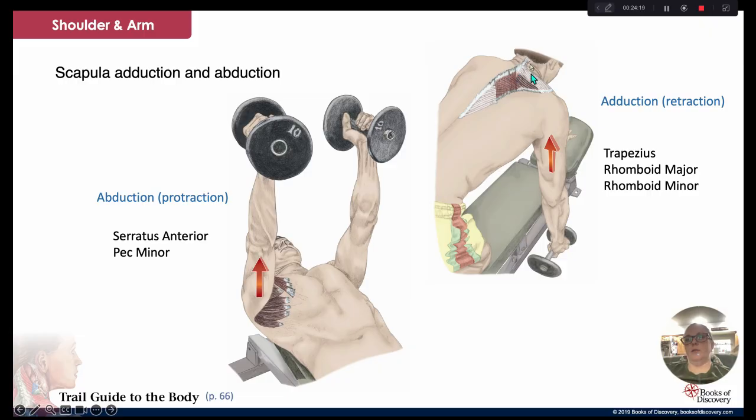So you have your trapezius muscle, which we'll learn, and something called your rhomboid major and minor. Your rhomboids are a diagonal muscle between your scapula and your spine. So when these contract, it's going to be pulling the scapula back towards the spine. So that's how you are getting your retraction. There's just a little explanation that hopefully makes a little sense.